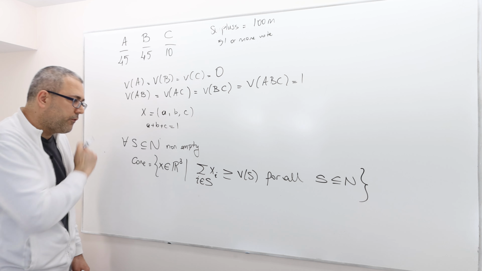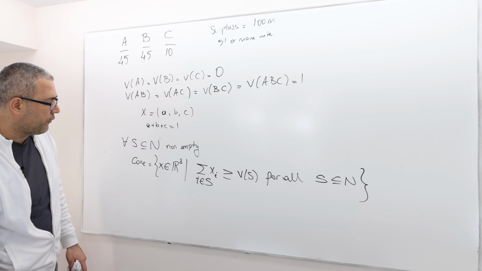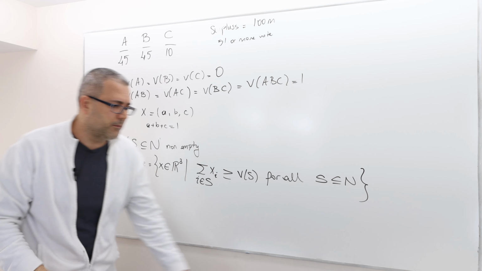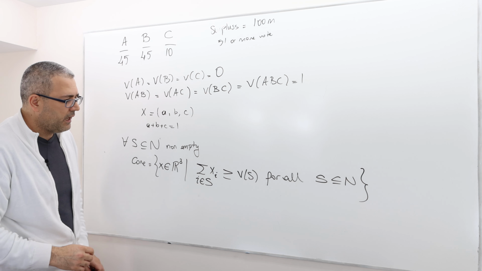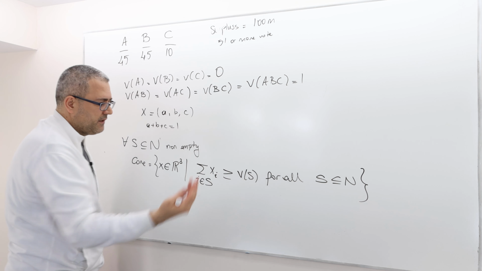So that's the formal definition of the core in this specific problem. Here it is R^3 because we have 3 players, and the rest is the same.